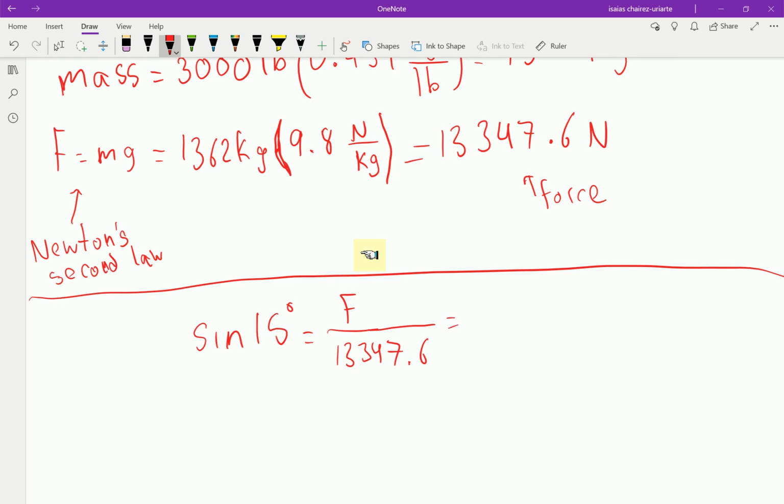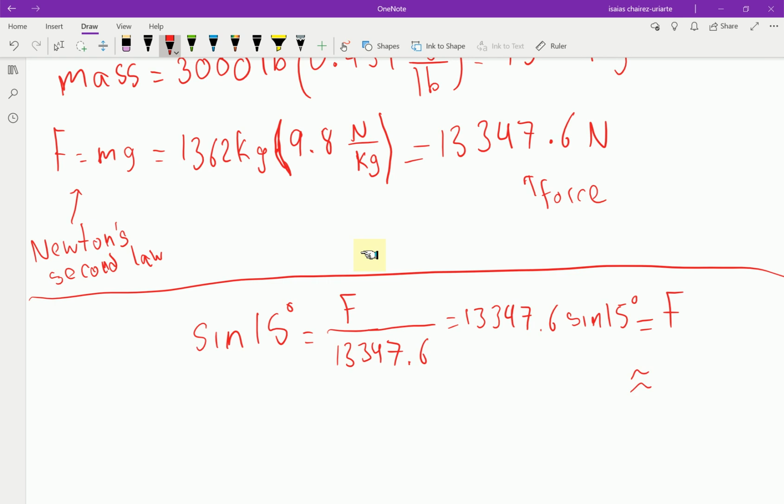Okay, now let me solve for F. Then that's 13,347.6 times sine of 15 degrees. That is F. Let me punch this into my calculator, making sure to be in degree mode.